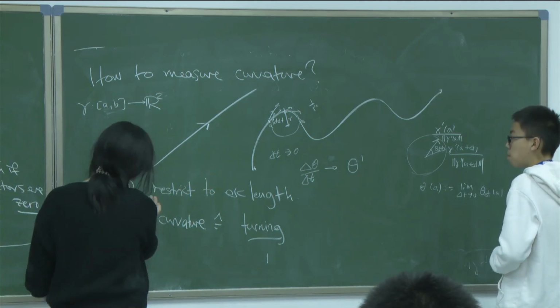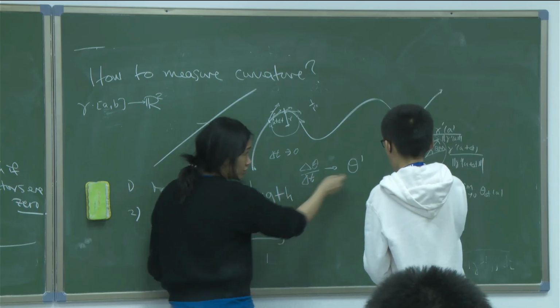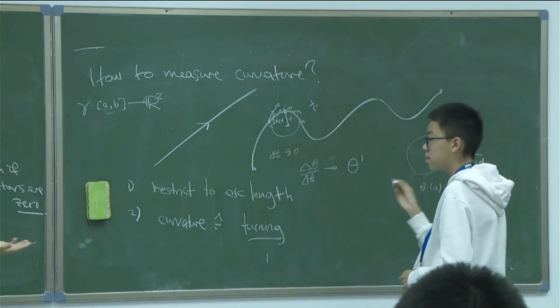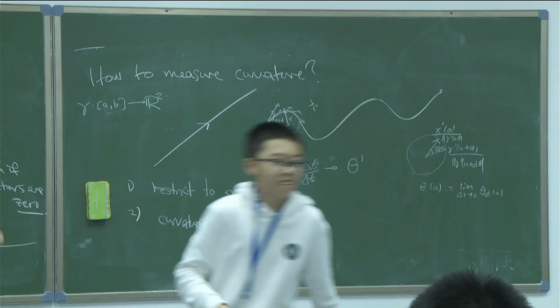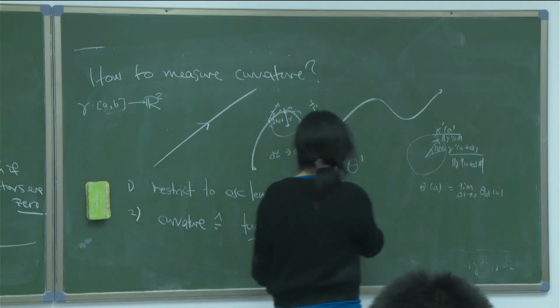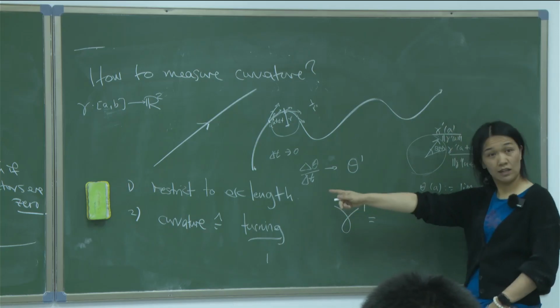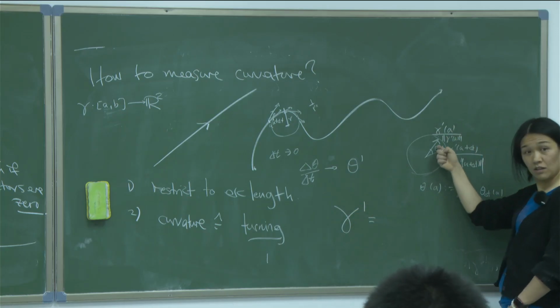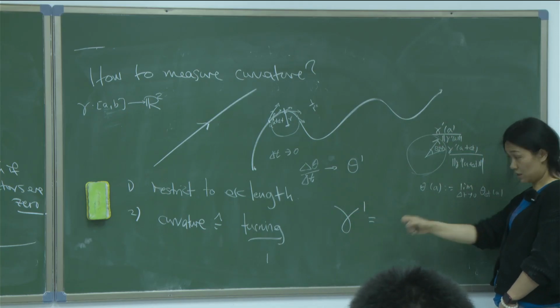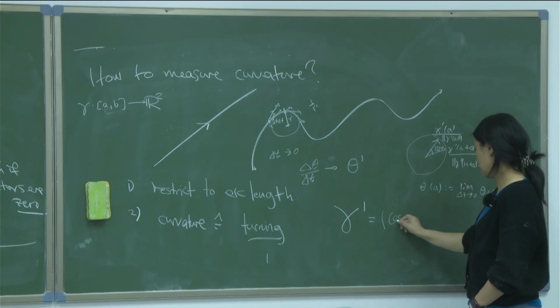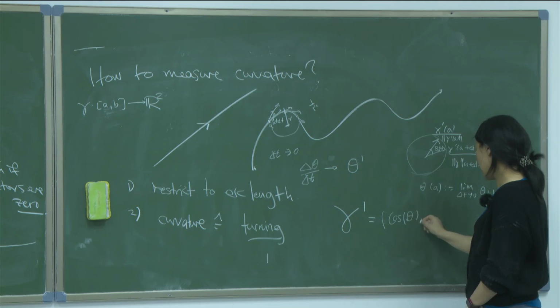We had already said we restrict to arc length parameterized curves, so these are all ones. Now write down what gamma prime is in terms of theta. If it's arc length, the speed is 1. Gamma prime equals, maybe not cosine but sine, but it's okay.